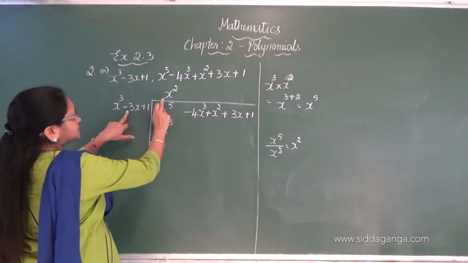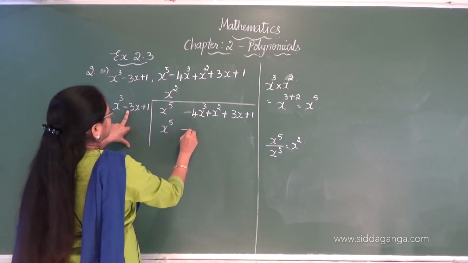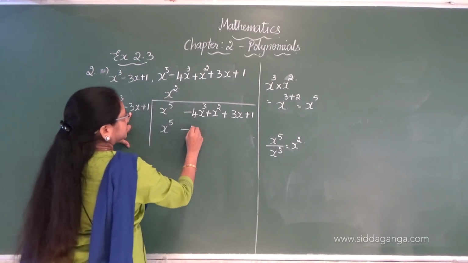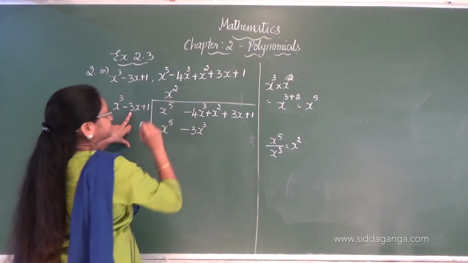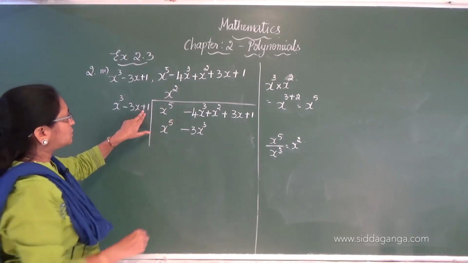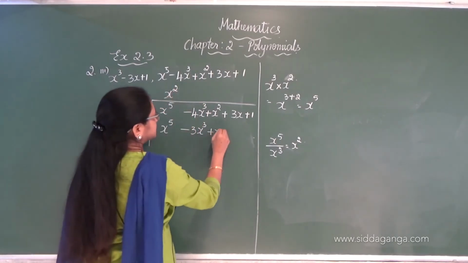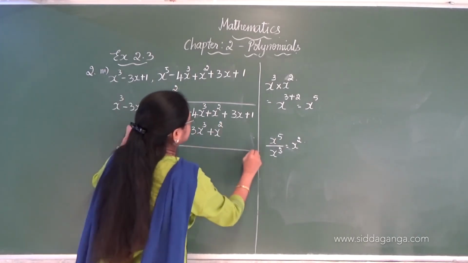Then minus x square into x is minus 3x cube. So we won't get x to the power of 4 at all. Okay, next plus x square into 1 is x square. Now again change the sign.